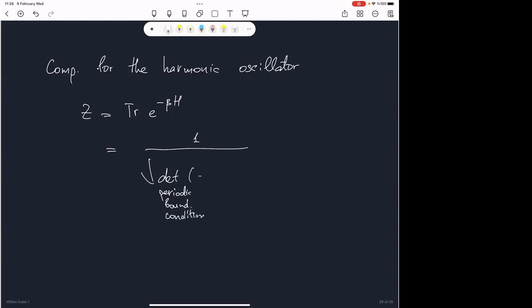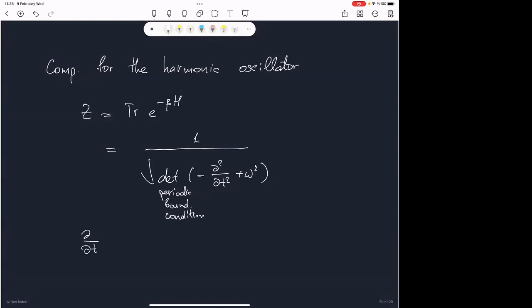And then what we need to compute is the determinant of this operator, just d/dt as a matrix. How to find its eigenvectors? It's not so hard.